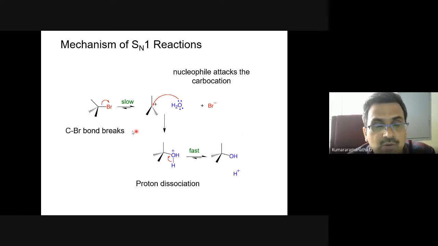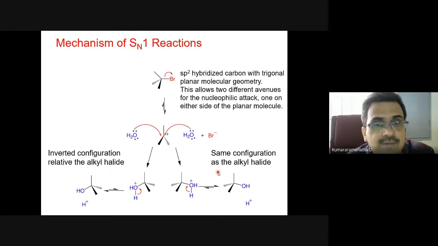The rate of bond breakage is slow, whereas the reaction and the proton dissociation are quick. So this is the general mechanism of the SN1 reaction. And one important aspect, which many of you might have already studied, or probably it must be a new addition.